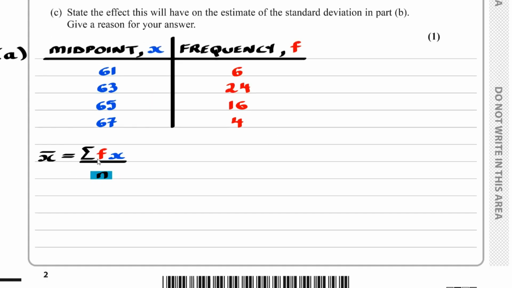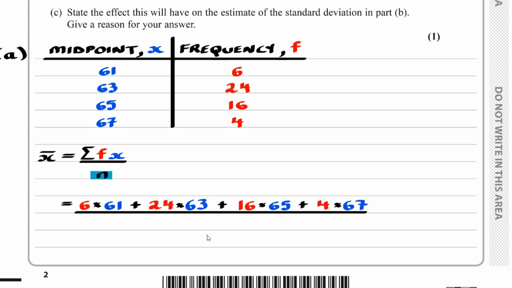The mean is given by the sum of the frequencies times the midpoint over the number of pieces of data. So we have the 6 multiplied by the 61 plus the 24 multiplied by the 63 plus the 16 multiplied by the 65 and the 4 multiplied by the 67.